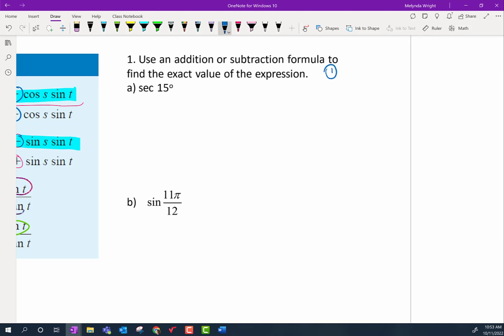So the first step is to rewrite the expression as the sum or difference of unit circle angles.